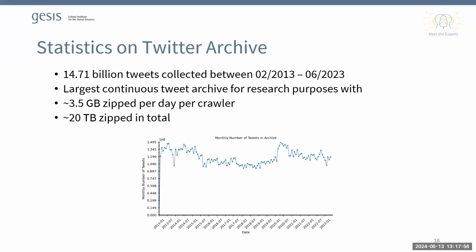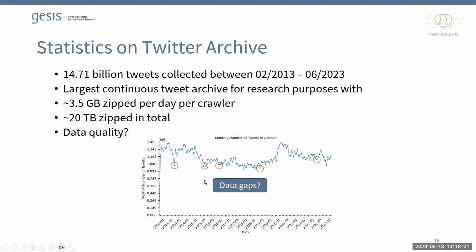To get some intuition, these are the monthly numbers of tweets that we have in our archive over time. And just from looking at the numbers here, we see it's very large scale, but the question is also whether we have good data quality, especially if we look at these gaps, for example.